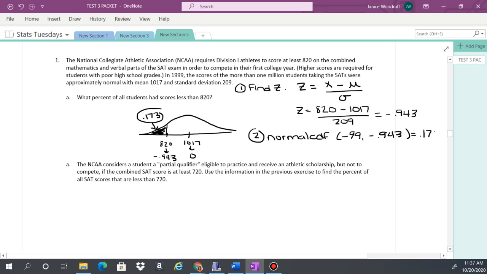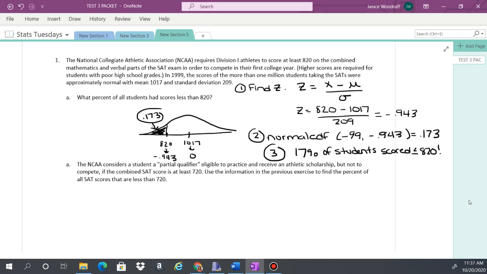Now let's actually answer this question. The question is, what percent of all students had scores less than 820? So roughly 17% of students scored less than 820. It's actually less than or equal to 820, but that's just semantics there.